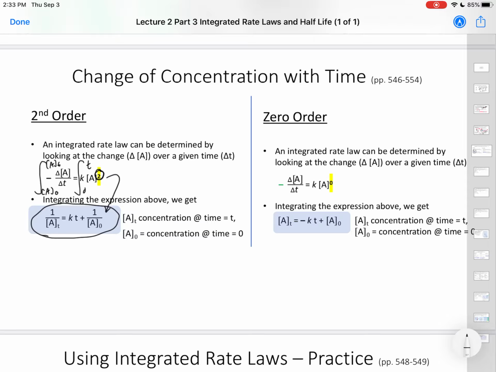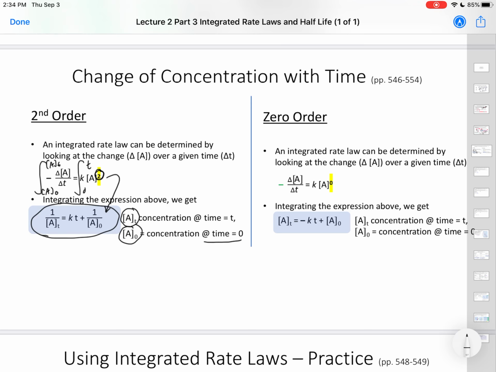It is 1 over A of t equals kt plus 1 over A of 0. And again, this concentration with the subscript of t stands for the concentration at time t, and this concentration A with a subscript of 0 stands for the concentration at time 0, which is the beginning of the reaction, okay.